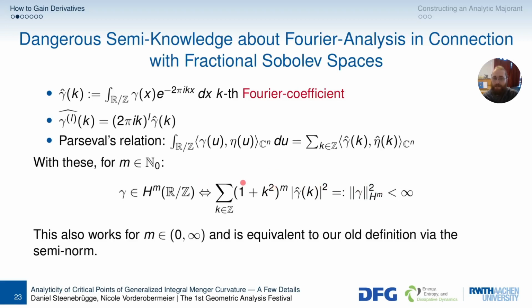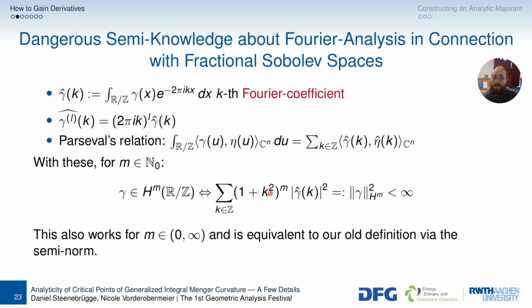Well, let's look at the boundary cases. Just ignoring this k squared, we have 1 times the Fourier transform squared, and by Parseval's relation, this is the same as the L2 norm of gamma. And the other extreme is taking k to the 2m times gamma hat squared.